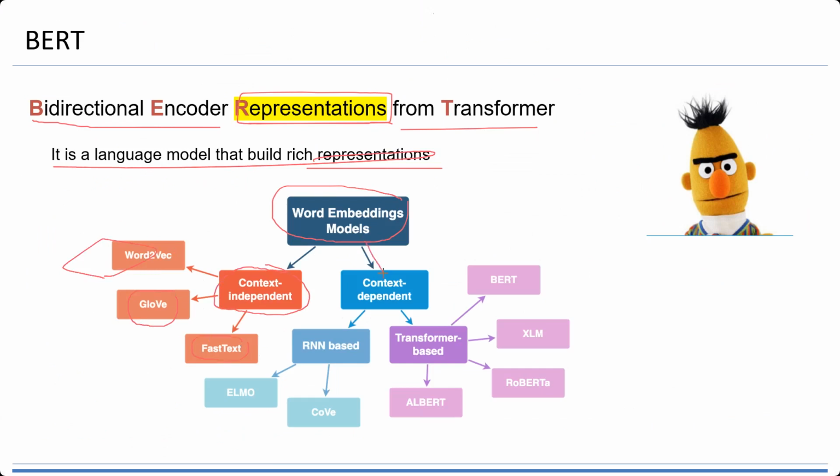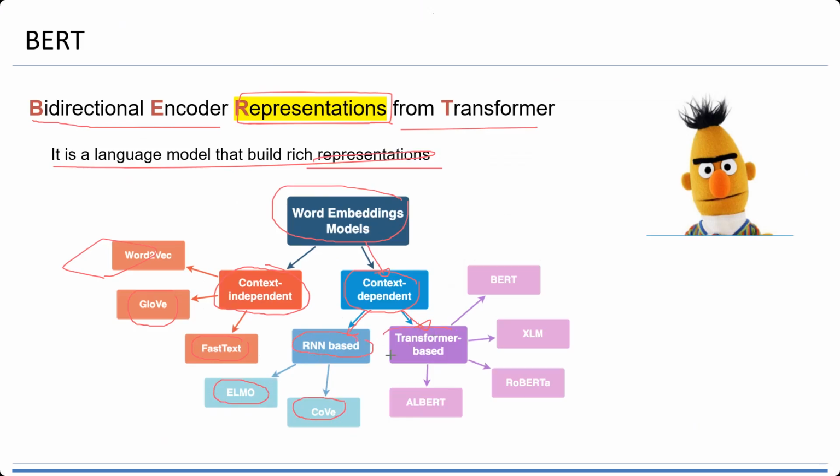But if you need to look at the dependency of the word, if you need to be context dependent, then we can use RNN-based or transformer-based models. For RNN-based, we can look at ELMo, which is a variant of the RNN.